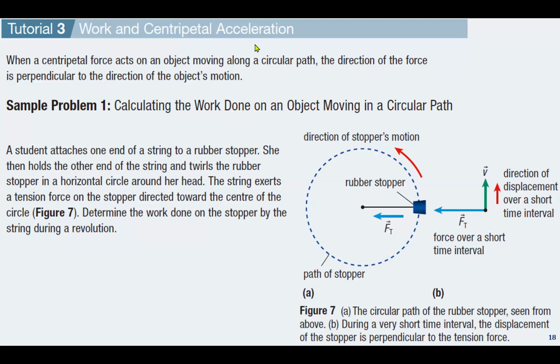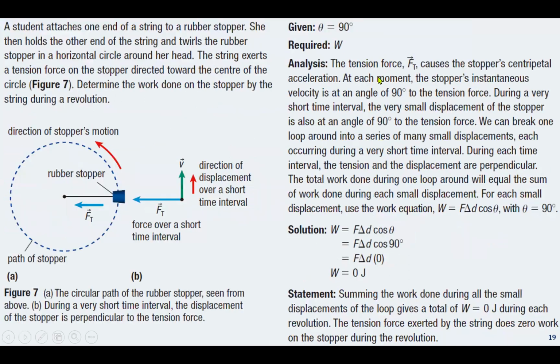All right, let's discuss this problem together. Here we know the angle between the force and the displacement is 90 degrees, right? And we want to find the work done by the force. The tension force Ft causes the stopper's centripetal acceleration. At each moment, the stopper's instantaneous velocity is at an angle of 90 degrees to the tension force.